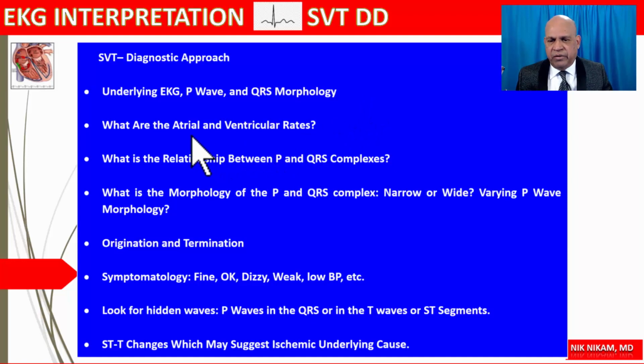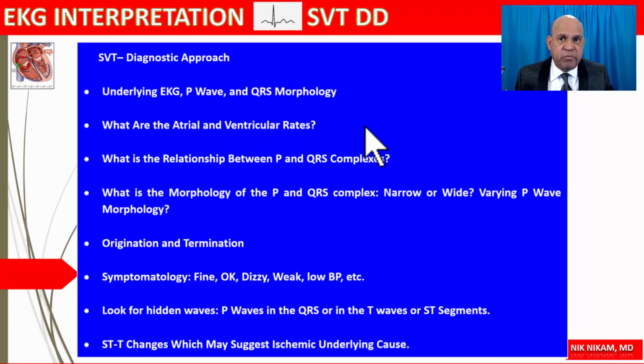Next, we want to look at the atrial and ventricular rates. It may be easier to measure the ventricular rate in patients with a very rapid heartbeat. However, if we don't see the P waves, it would be hard to measure the atrial rate.